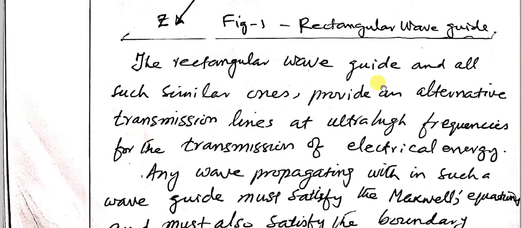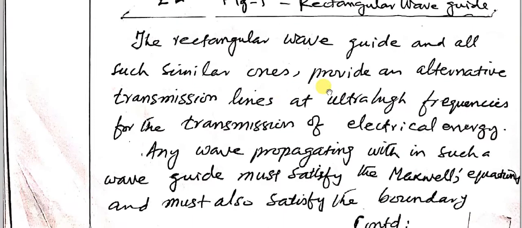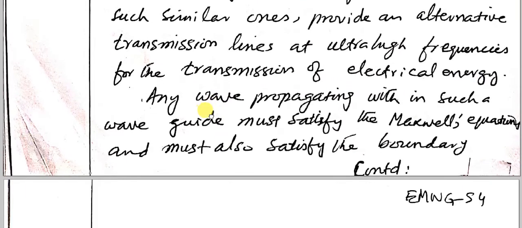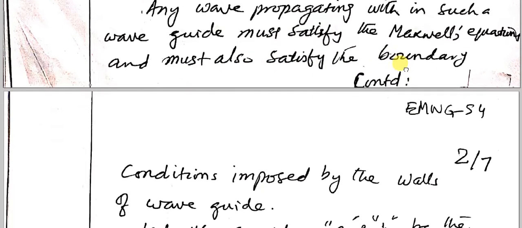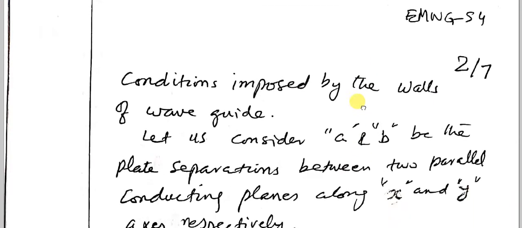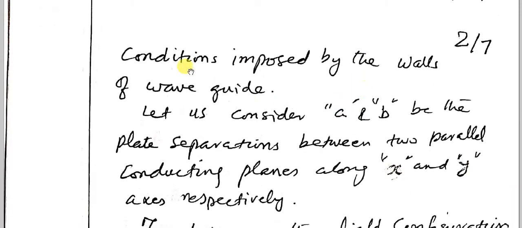The rectangular waveguide and all such similar ones provide an alternative transmission line at ultra high frequencies for the transmission of electrical energy. Any wave propagation within such a waveguide must satisfy the Maxwell equations and must also satisfy the boundary conditions imposed by the walls of the waveguide.